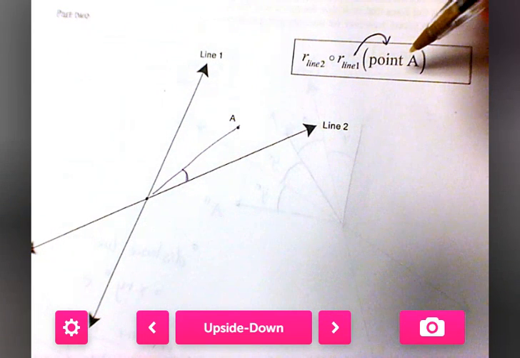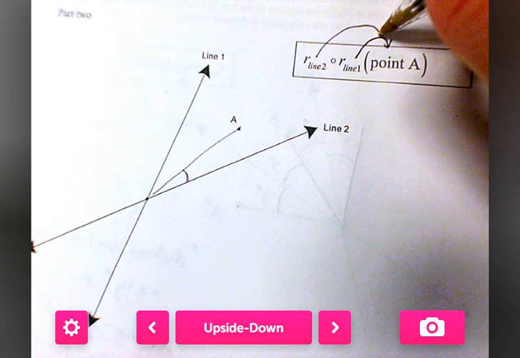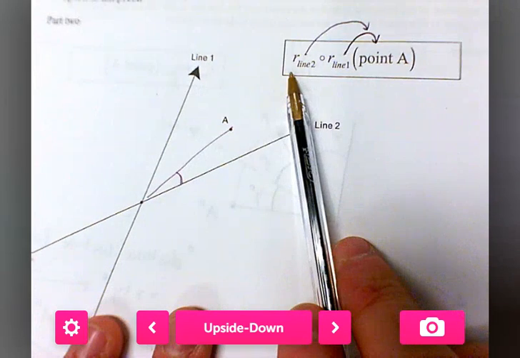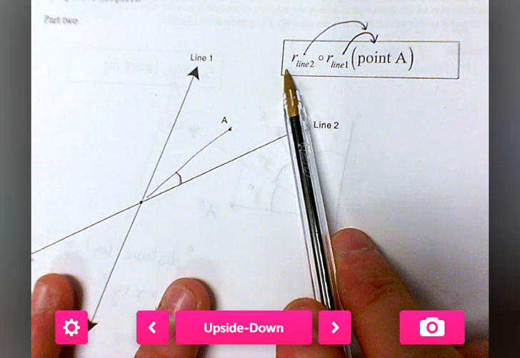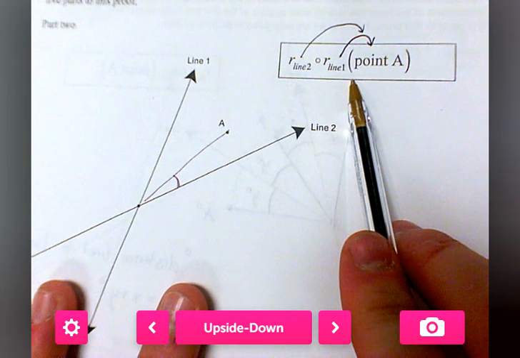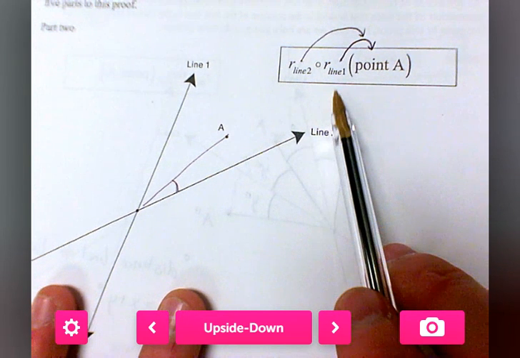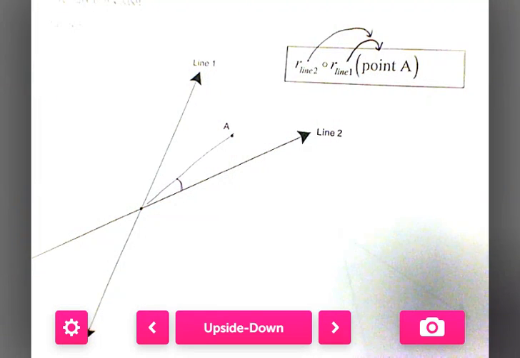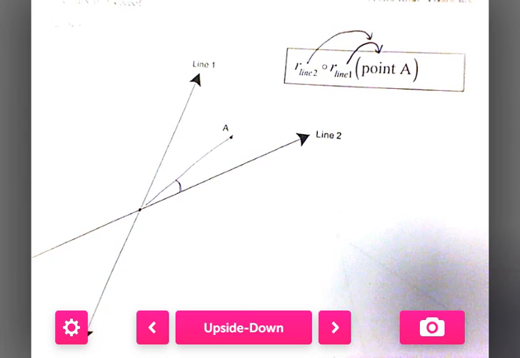And then this one gets applied second. Now, I know that when you're reading it, it looks like you should go left to right. But in this case, we go right to left because this one's closer. Unfortunately, that's the best reasoning I have for you.